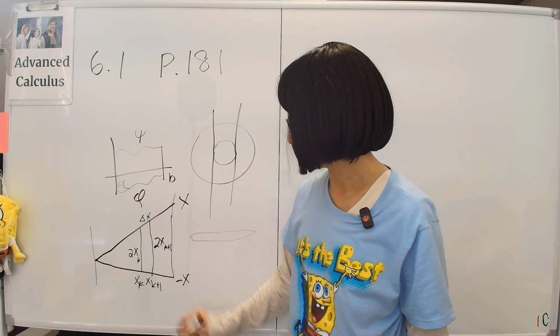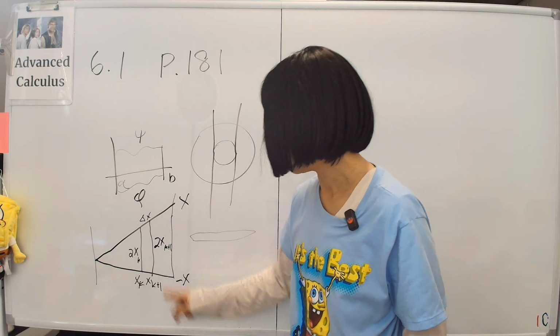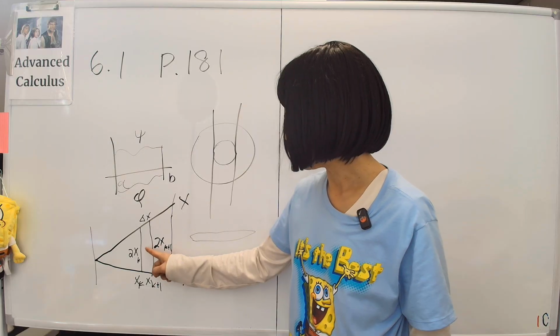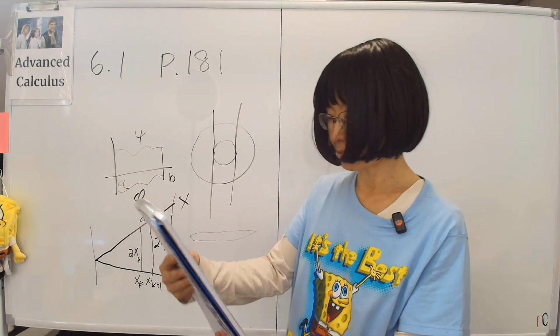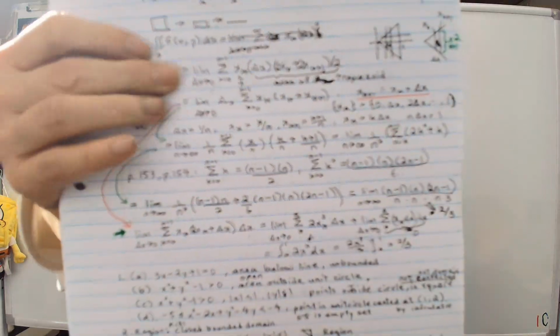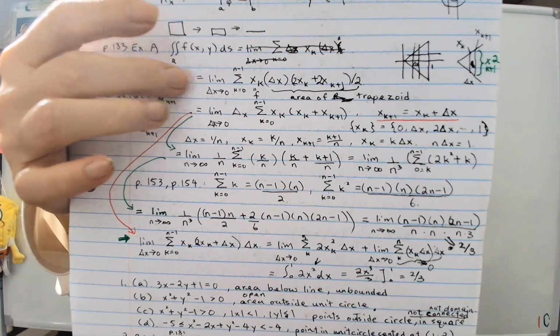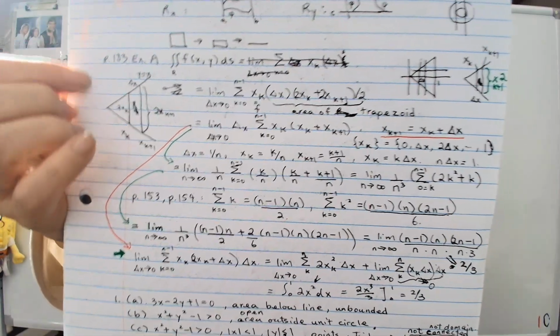So the entire integral would be the area of the trapezoid times the function x. If you think about this for a moment, it'll make sense.